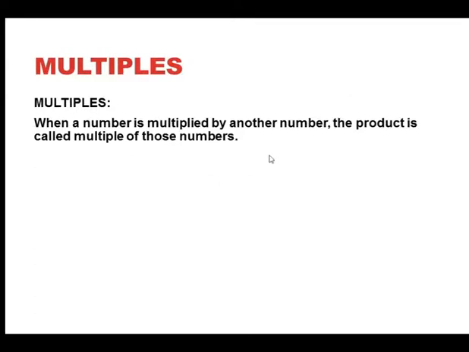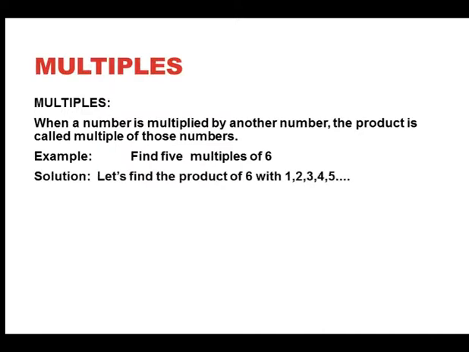When a number is multiplied by another number, the product is called the multiple of those numbers. So multiples, what do you mean by multiples? When a number is multiplied by another number, the product is called multiple of those numbers. For example, find 5 multiples of 6. So let us find the product of 6 with 1, 2, 3, 4 and 5.